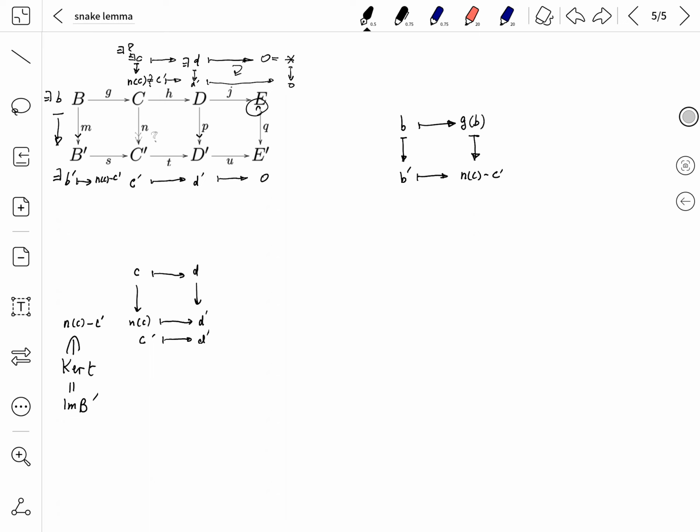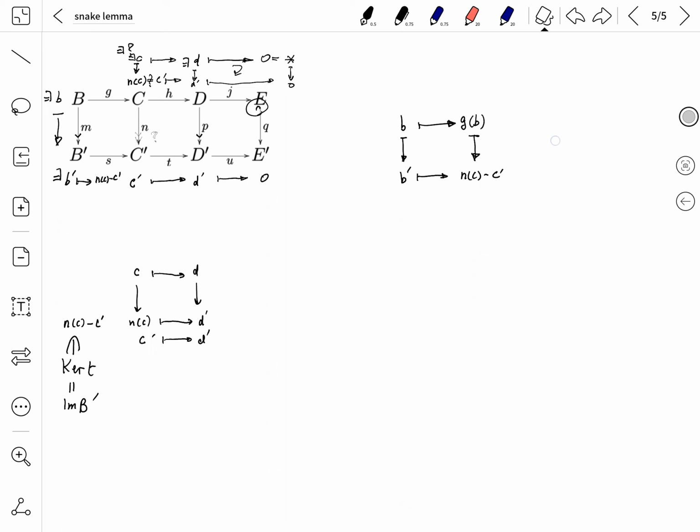Now, what I claim is that in this case you just select the minus JB. This will be mapped to C prime minus NC. If you don't like that, you could do it slightly differently.